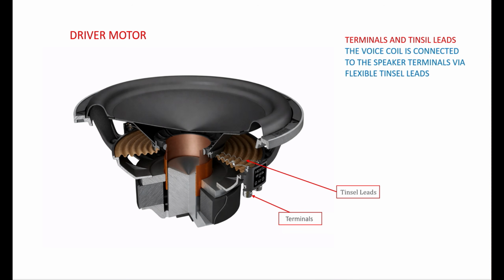That's why they're either corrugated or longer than you would normally think. If they were fixed, the tinsel lead would break. In fact, it's a common failure point in speakers where a tinsel lead will break, and of course the speaker won't play anymore because the electrical connection is now broken.